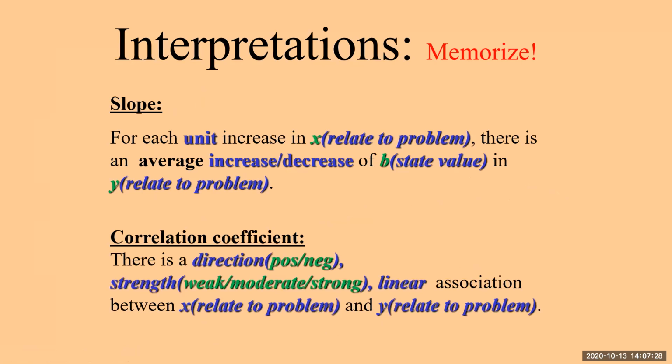How do we interpret the correlation coefficient? We did this last notes. There is a positive or negative, weak, moderate, or strong, linear association between your two variables. Make sure to relate it to your problem. You need to memorize these sentence stems. If it says interpret slope, this is how you would write it. If it says interpret correlation coefficient, that is your sentence stem.